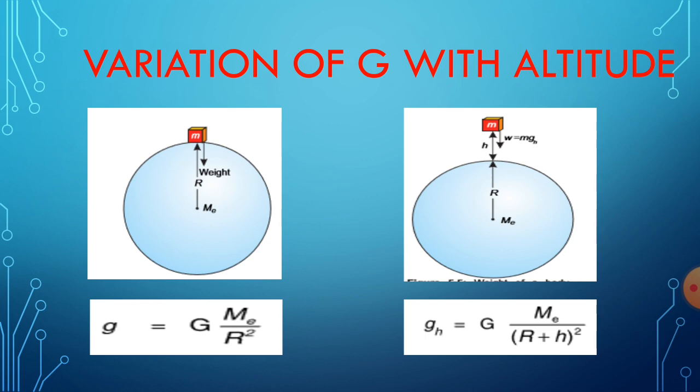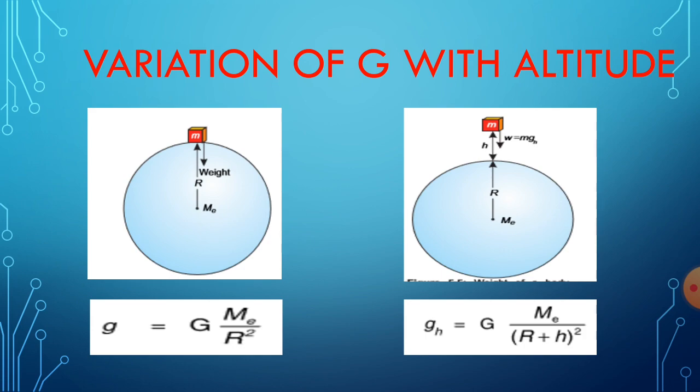So gravitational force increases when the object is moving towards the earth, and it decreases when the object is moving away from the earth. If you are throwing an object in an upward direction while standing on the surface of the earth, then when the object is moving upward, its value of g is decreasing, and when the same object after attaining a certain height comes back towards the earth, the value of g increases.